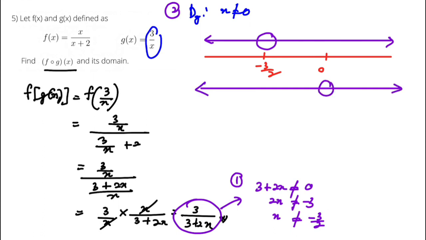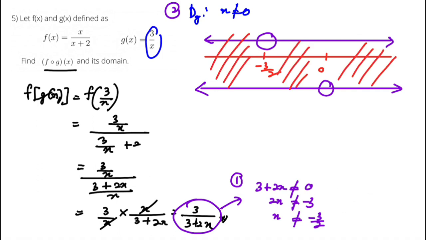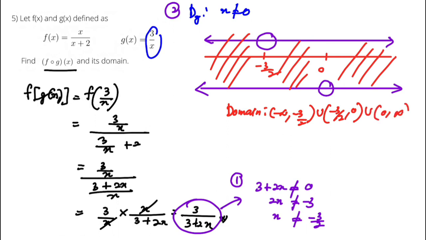Therefore, the line covers all except the values of 0 and negative 3 over 2. Therefore, the domain is negative infinity until negative 3 over 2, open, union negative 3 over 2 until 0, open, union 0 until infinity. So this is the final domain.